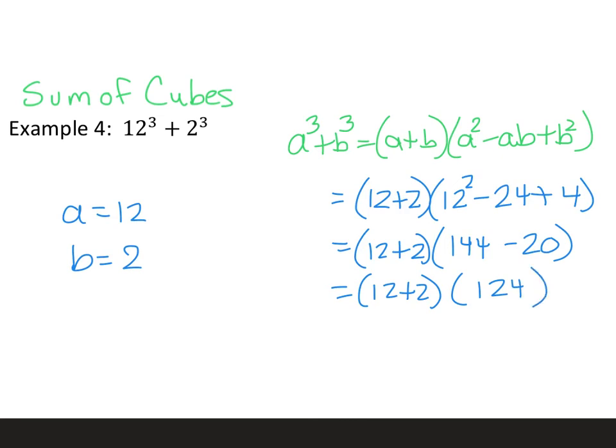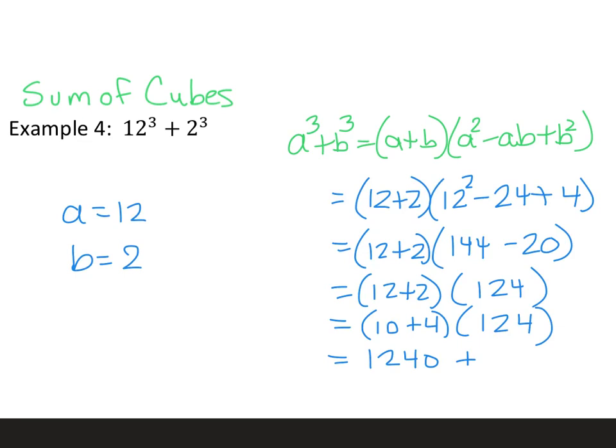Instead of 12 plus 2, I'm going to rewrite that just so I can do some math in my head. That's the number 14, so I'm going to write that as 10 plus 4. It makes the distributive property a lot easier in my head. So I know that 10 times 124 is going to be 1,240. And 4 times 24 is 96.